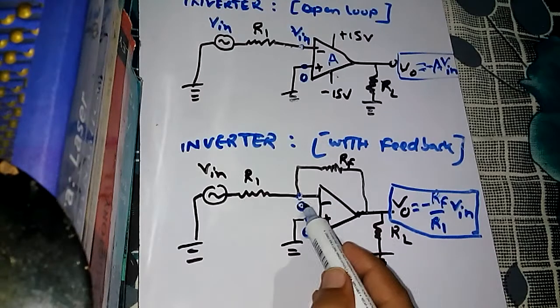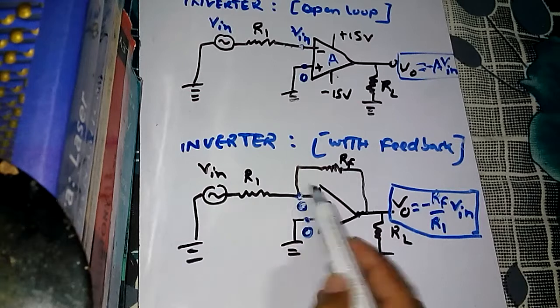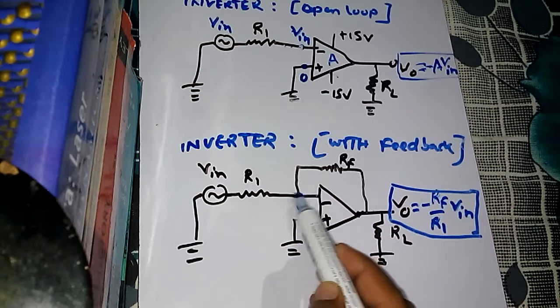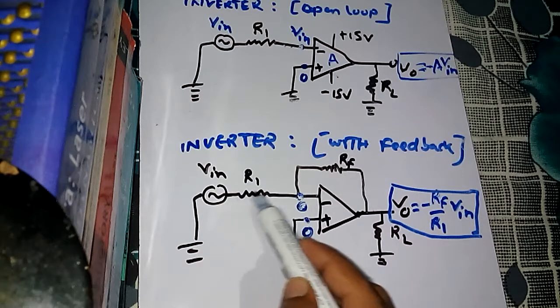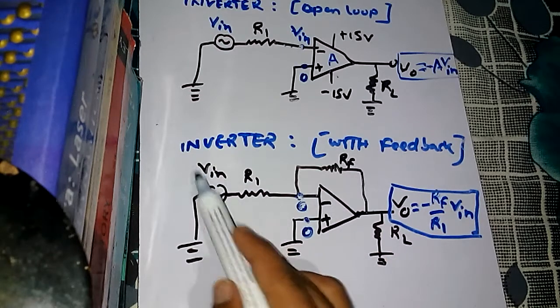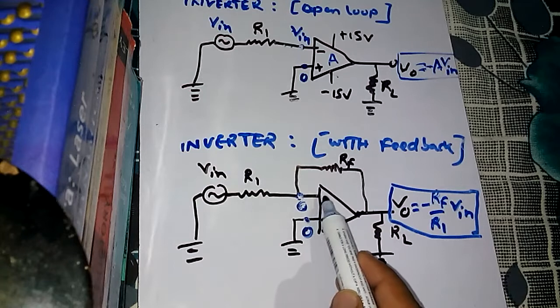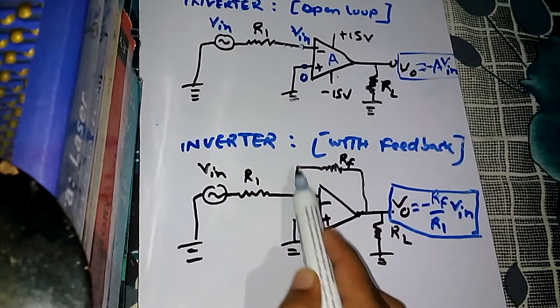And why could the voltage be 0 here? Why at this point is the voltage not V input? Because now the voltage can drop. Here is a resistor, and the input voltage is bypassing the internal infinite resistance and going through this way.